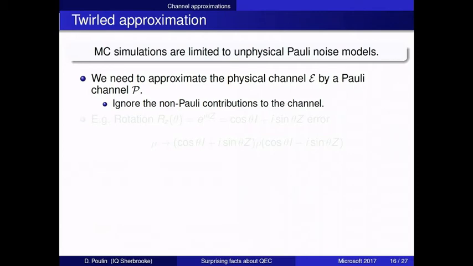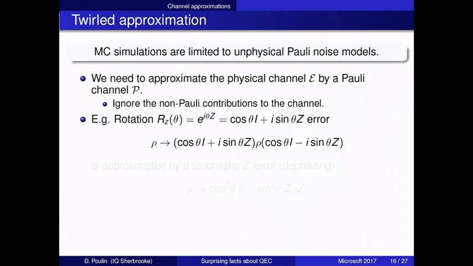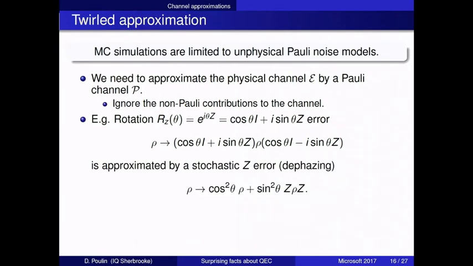One way to do this is to just drop the non-Pauli components in your noise model. So let me show you how this is done with an example. Suppose that your noise model is that every qubit is rotated by some small angle theta about the z-axis. This is the unitary matrix that results from this. So the density matrix gets sandwiched between this unitary. You get 4 terms here, but you're going to drop 2 of those and only keep the direct terms.